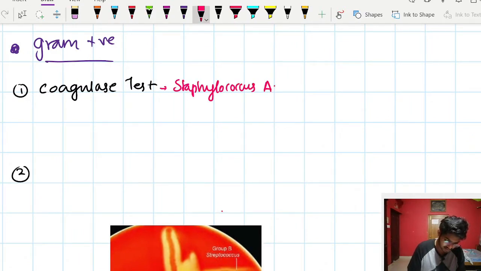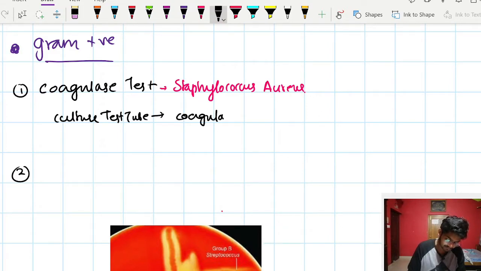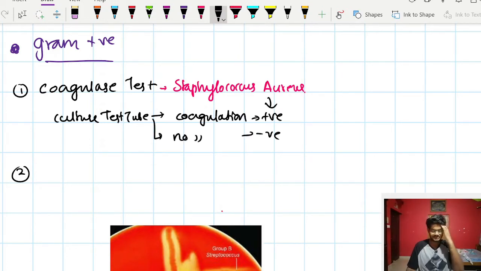If you take a culture test tube of Staphylococcus aureus, there will be coagulation, and then the test is positive. If there is no coagulation, the test is negative. This is the coagulase test. It is very simple, and mostly given by gram positive bacteria.